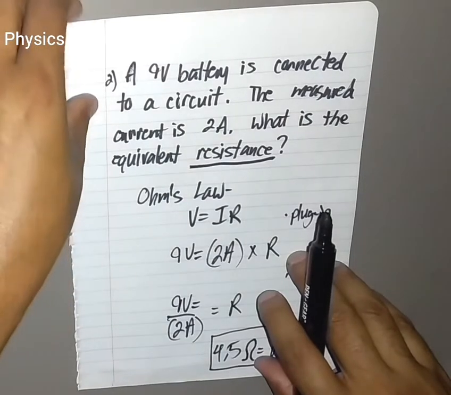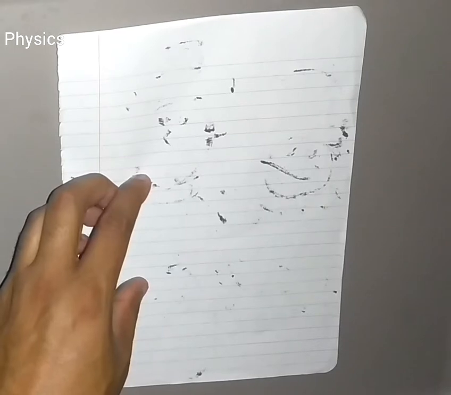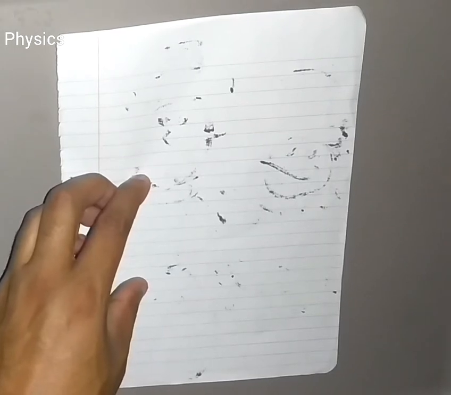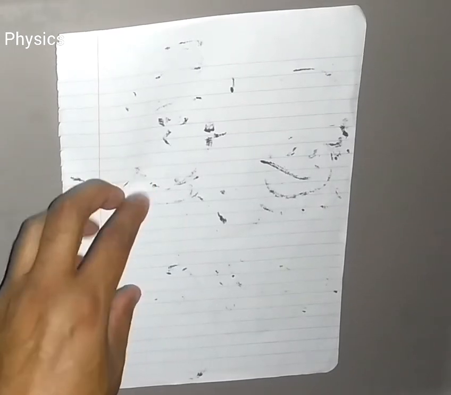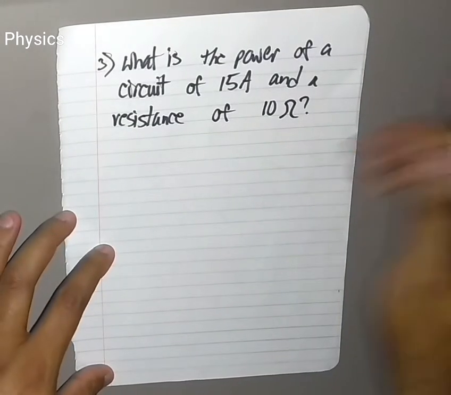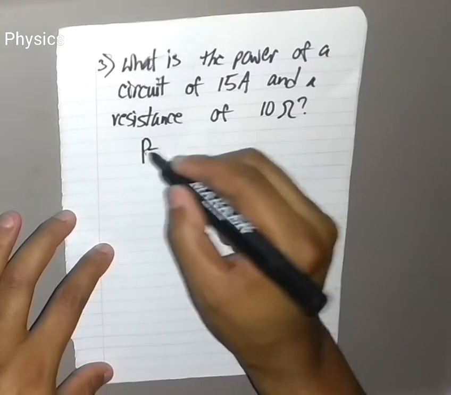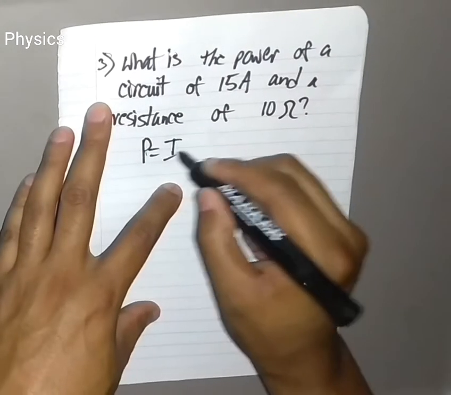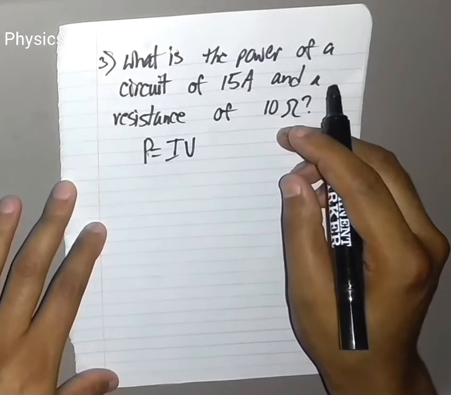All right, let's try another one. What is the power of a circuit with a current of 15 amps and a resistance of 10 ohms? The standard equation for power is P equals IV.